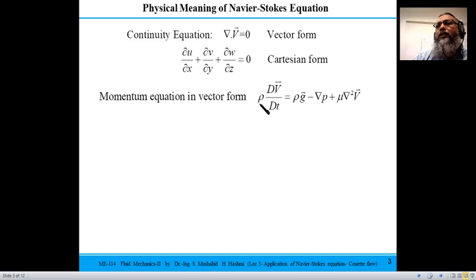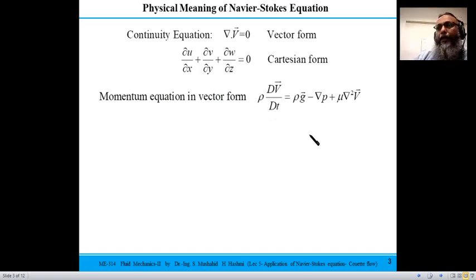The units for a given equation must be the same on either side. If it is a correct equation, at least it must be dimensionally consistent. So you see it is rho times acceleration, but this is not just a local acceleration; it has a local part of the velocity change as well as the convective part of the velocity change.